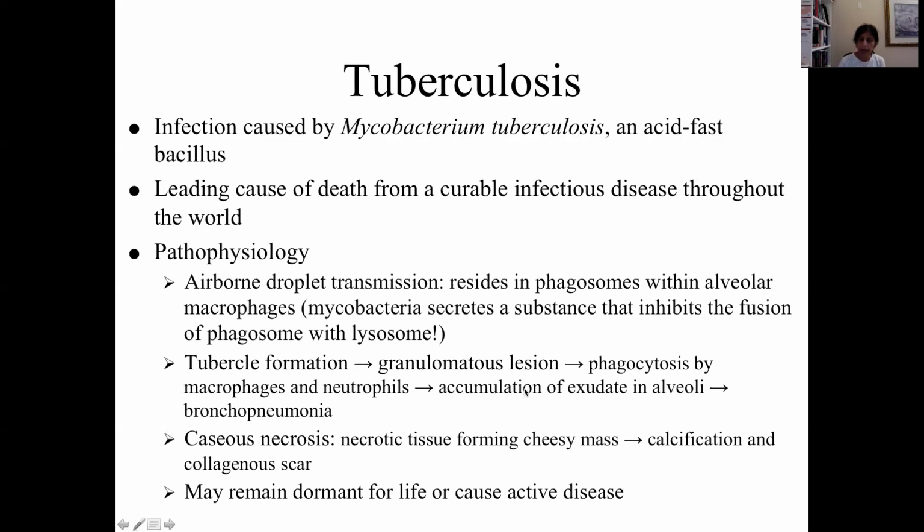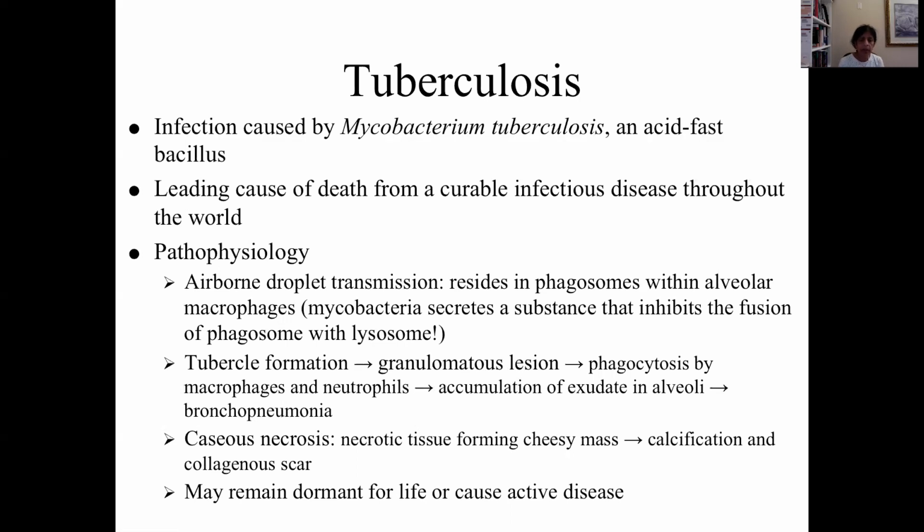Now, the arrival of phagocytes and the infection together would be a granulomatous lesion. Then the reaction between the phagocytic cells and the bacteria causing death of the cells, and the debris and the death of the white blood cells, and all of that leading to inflammation is what's going on with this disease.